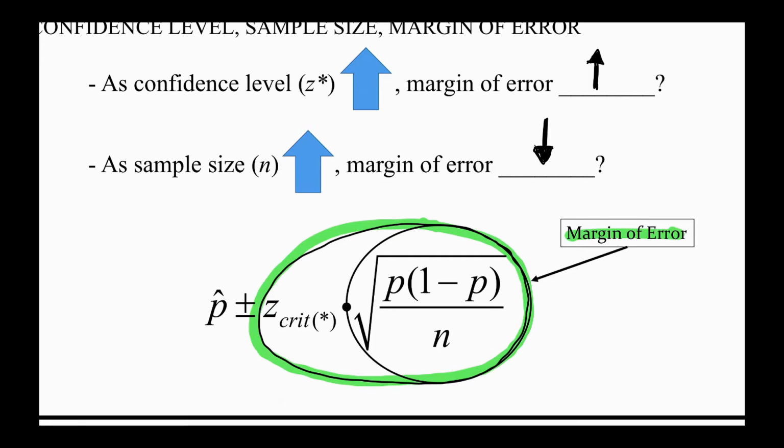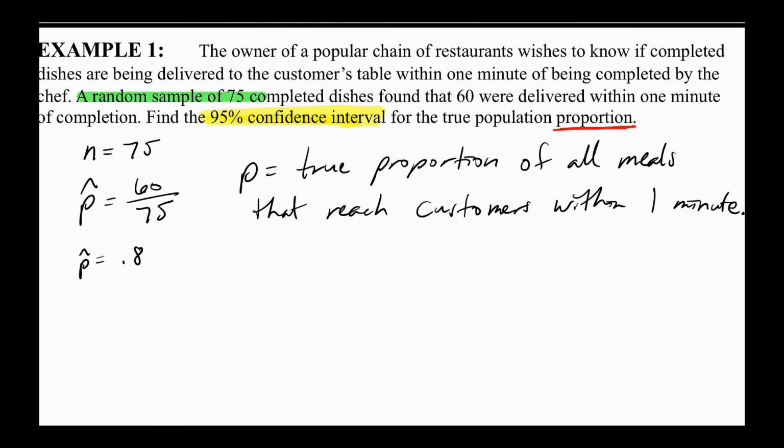Let's say I'm redoing the restaurant problem. Let me bring up the prompt again. What if I were to say, okay, the owner doesn't want to be 95% confident you guys got the right answer. The owner wants to be 99% confident. What's going to happen to my interval? It's going to get way wider, right?